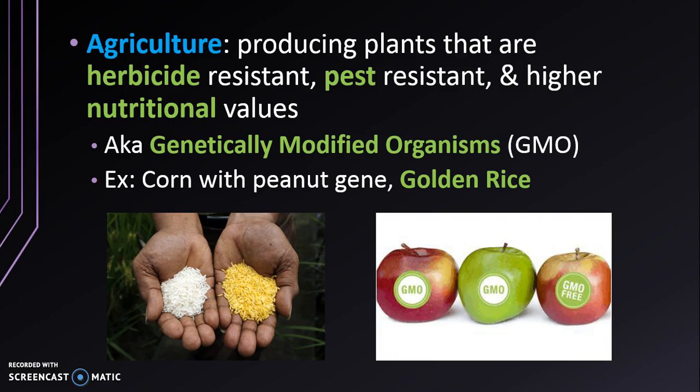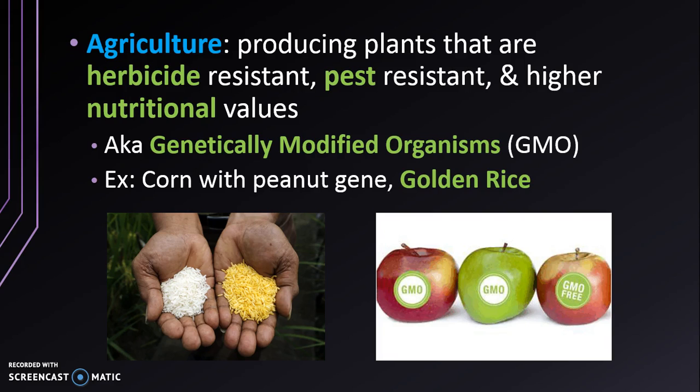And if I'm growing something, let's say corn, that doesn't really have a nutritional value, I want to be able to insert genes into that food that would improve the nutritional value and make it better for people who maybe don't have the means of being able to get a fully nutritional meal.